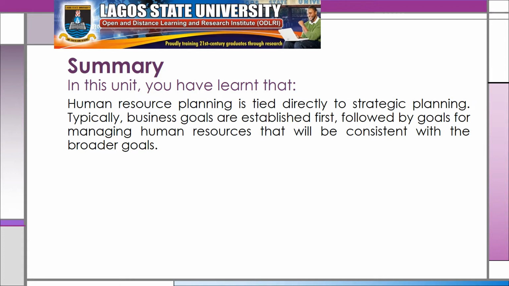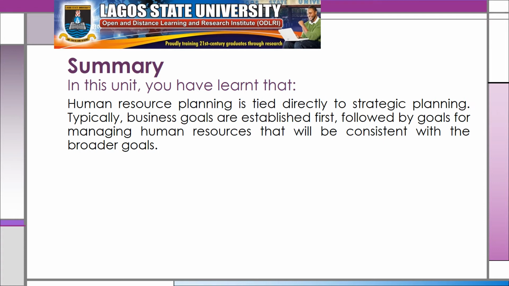But one thing I want you to take home is that human resources planning is tied directly to strategic planning. What does that mean? Every organization has its own vision and mission statements and objectives. So whatever plan you have as a human resources manager should be in tandem with the goal, the objective, the mission, and the strategy that the organization has.